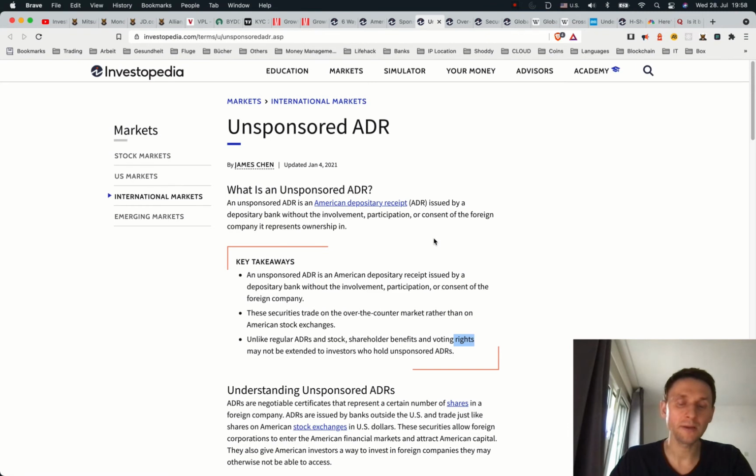So keep it in mind. For sponsored ADRs, we only have one official ADR from a depository bank, and for unsponsored ADRs we can have plenty.